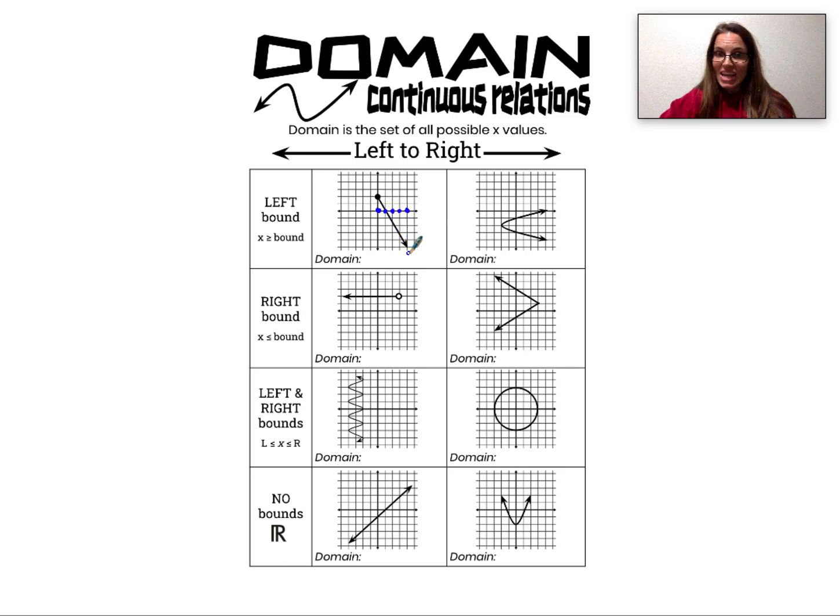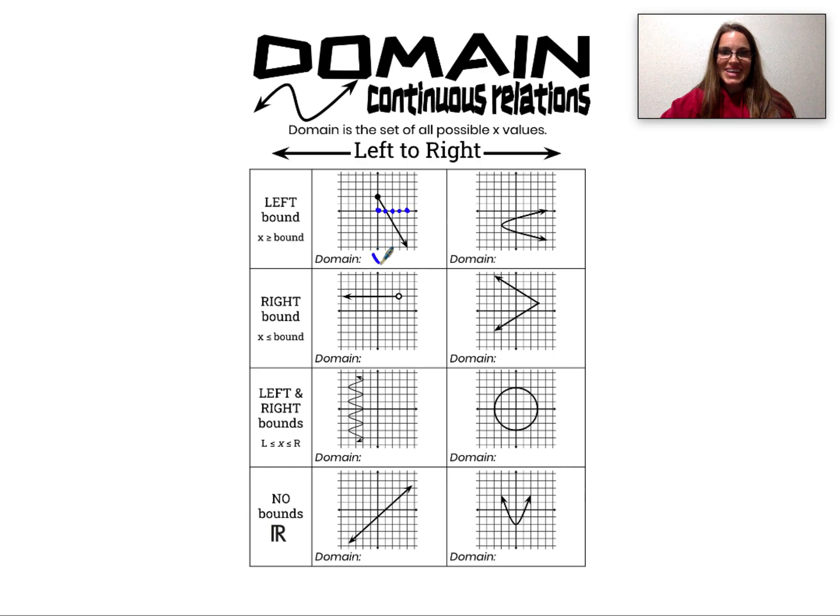And because of this arrow, there's actually a point on this graph for every x value bigger than that, where x is 10, and 100, and 1,000, and 1,000,000. That means for a continuous relation, we're going to represent our domain using an inequality statement. What inequality are we going to use to say that x can be 0, or 1, or 2, or 3, or 5, or a billion, and every decimal value in between?